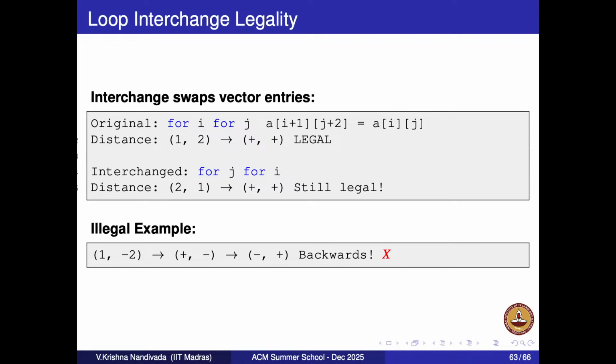Let me see if I can draw a 2D matrix. In iteration i comma j, I am reading a sub ij, but I am writing to which one?